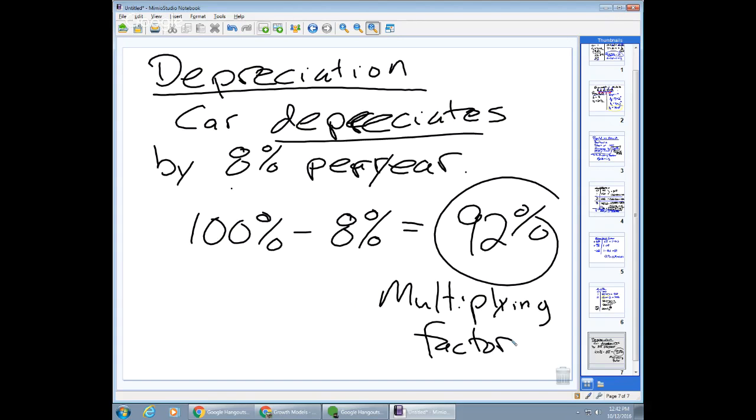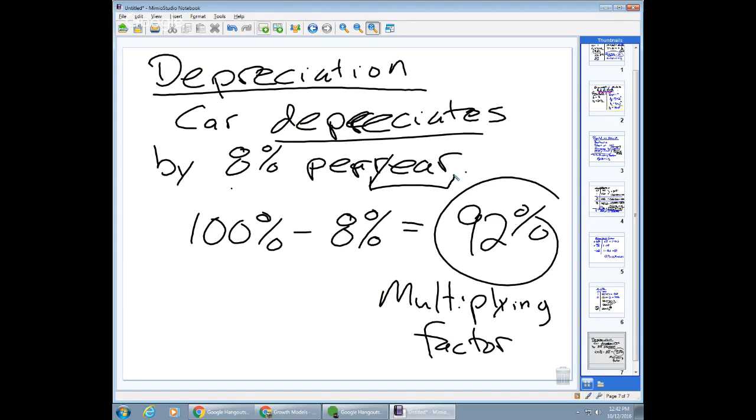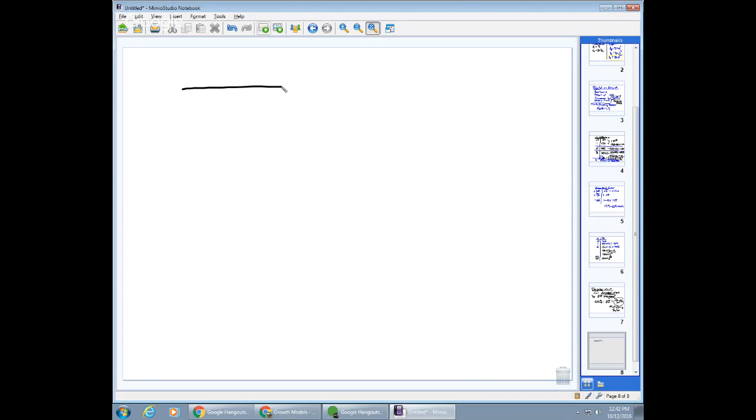Okay. So it's the multiplying factor that gets me from year to year or month to month or day to day, whatever I'm moving from. So here it's a multiplying factor for years. I can build a table for this, year versus the car value.